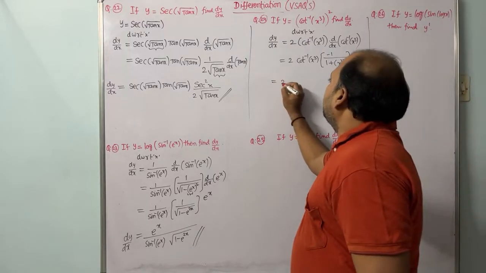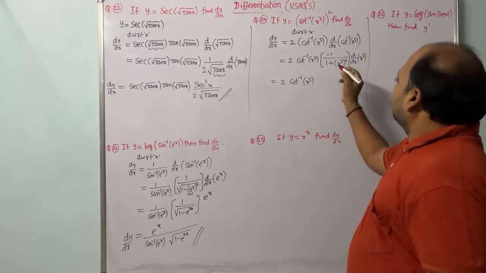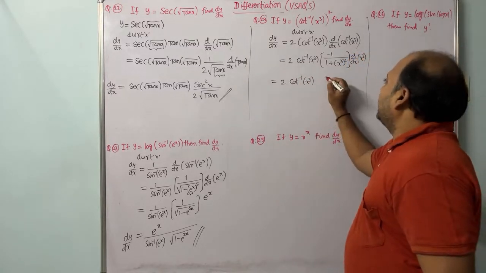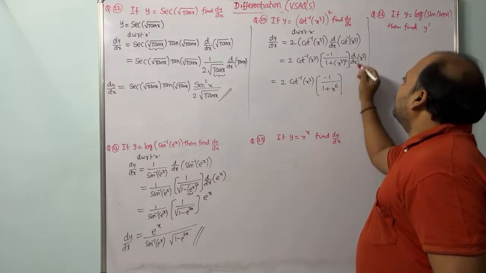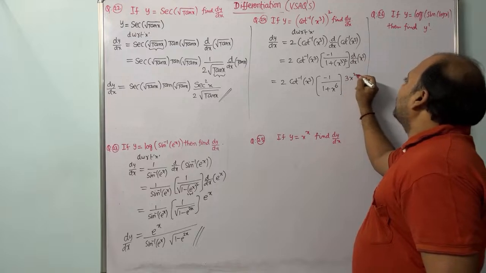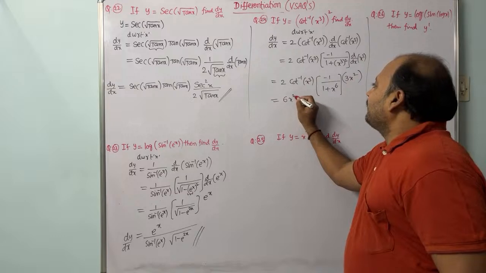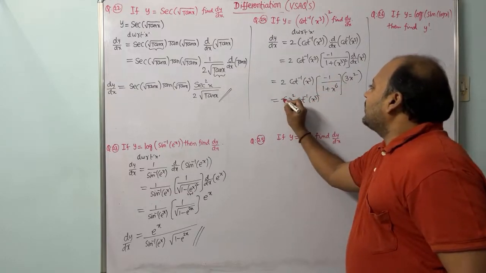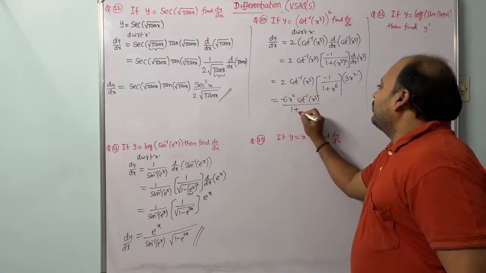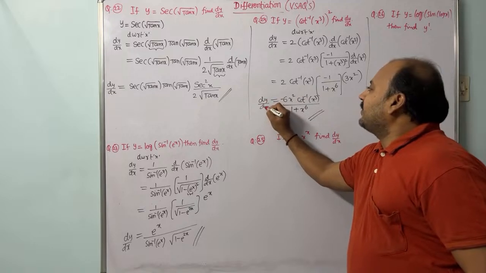So it is equal to 2 into cot inverse of x cube, minus 1 by 1 plus x power 6, into dy by dx of x cube, 3x square. So 3x square into 2 is 6x square into cot inverse of x power 3, into minus 1, means minus, divided by 1 plus x power 6. I hope everyone understands. Step by step clearly I explained.